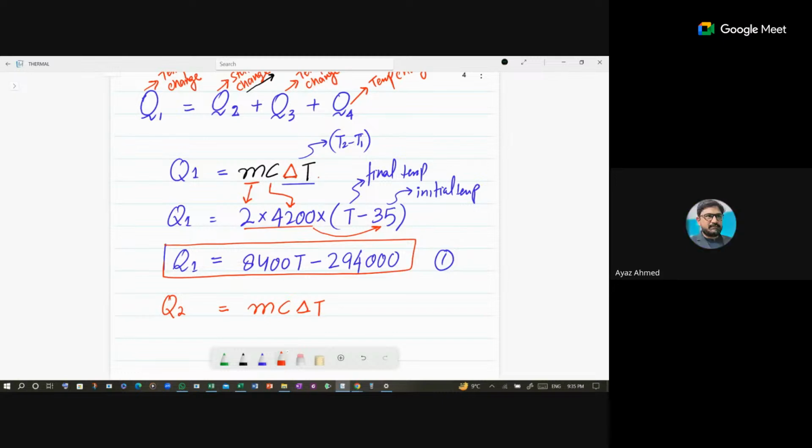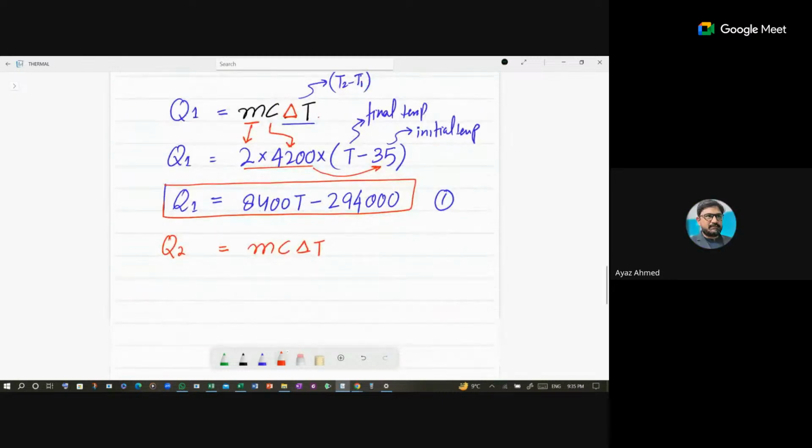Yes. Okay. Now, then calculate Q2 for ice. This is ice heating energy. The ice is heated. So, what is the mass of ice? It is 0.25. What is specific heat capacity of ice? 2100. And for heating, how much temperature is changed?